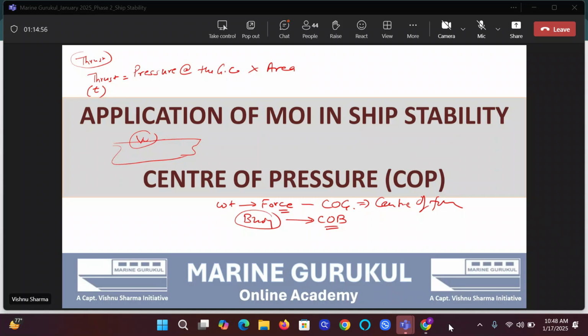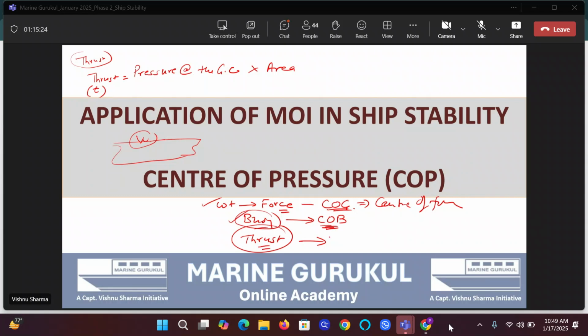Like weight was a force, buoyancy was a force, thrust is also a force. If weight had a center called center of gravity, buoyancy had a center called center of buoyancy, then this thrust should also have a center through which the entire thrust can be assumed to be acting. Am I right, guys? Correct?